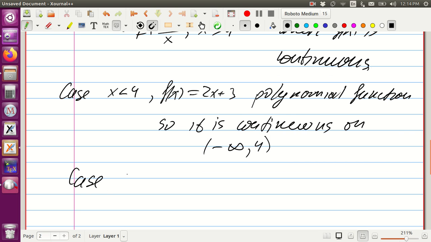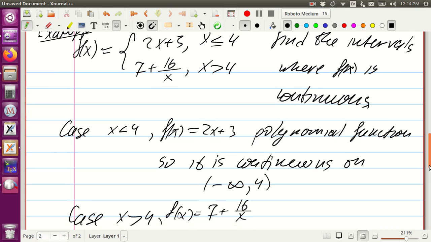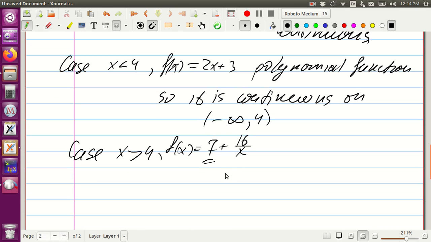So when we're in the case when x is greater than 4, we have f of x equal to 7 plus 16 over x. 7 is a polynomial. 16 over x is a rational function, so it is continuous on its domain, and so domain is x is not equal to 0 for this function, but we're in the case when x is greater than 4.